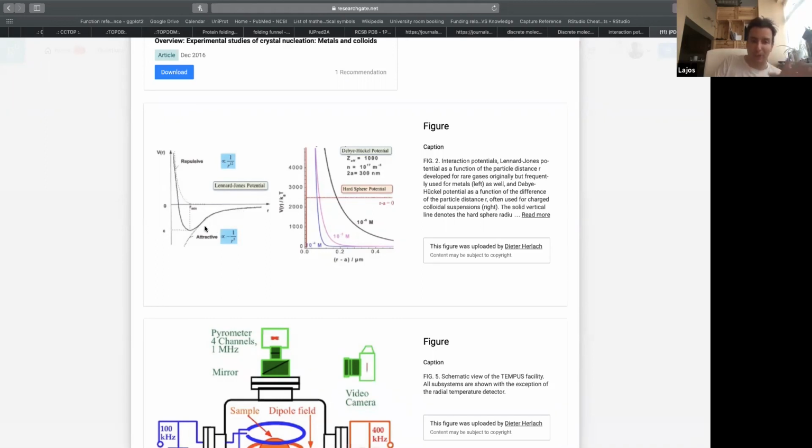The problem with the molecular dynamics simulation is that in each step, in each attosecond, or in each very small time step, when you do the simulation, you have to recalculate all the energies within the molecule.